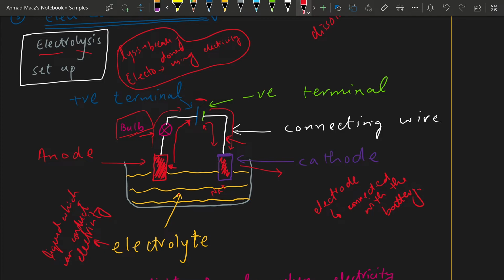And this is the anode over here. Anode is positively charged. It must attract the negative chloride ions over here. Chloride ions will move from here to here, and the sodium ions will move over here.